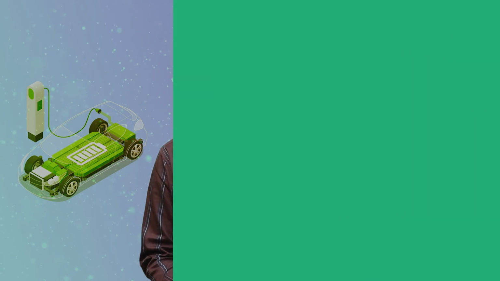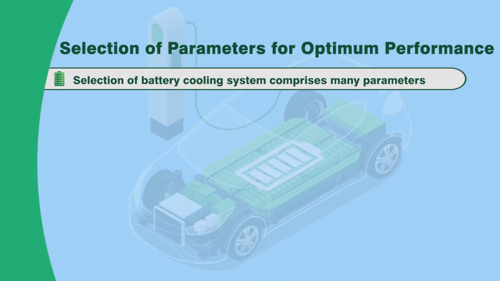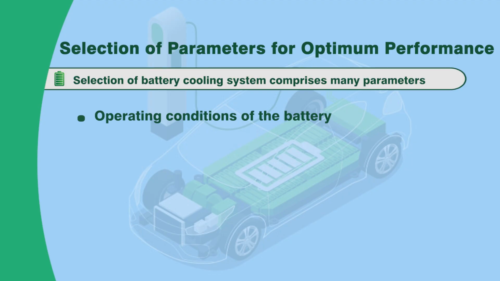So, in order to select that, there are many parameters that are to be considered. What are those parameters? The first one is the operating conditions of the battery. Now, what are the major operating conditions of the battery? The first one is the current rate and voltage.